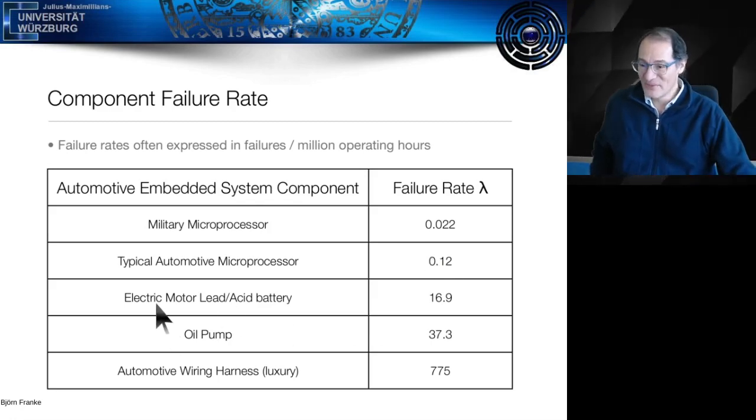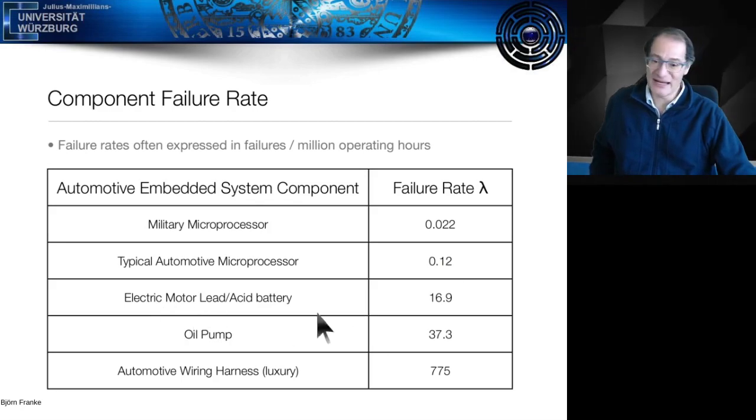Now we are coming to electrical motors, mechanical parts, and you can see there is a very big jump. Electronic parts have a very low failure rate. Mechanical parts have a much higher error rate.